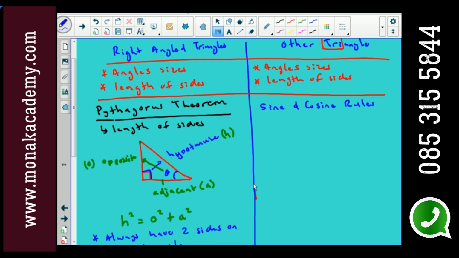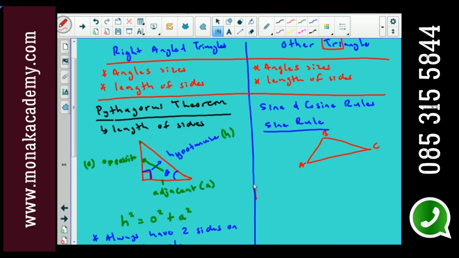All right, so let's start with the sine rule. So again, we assume that now it's just a triangle which is not right-angled triangle, right? But again, as always, you always have a triangle which we can call A, B, C.